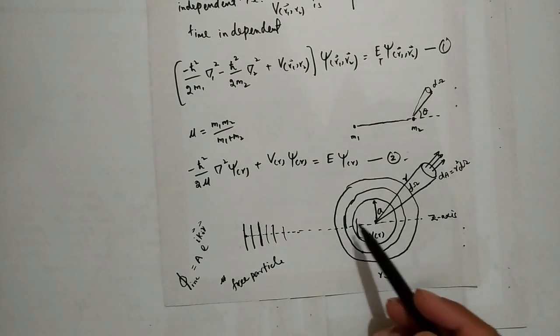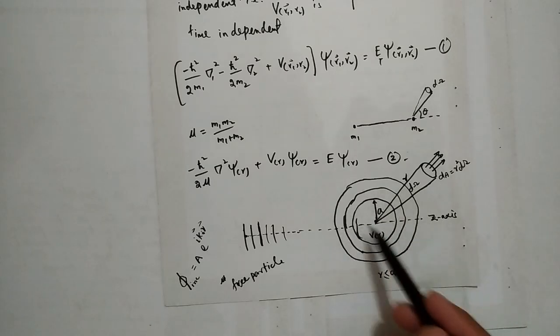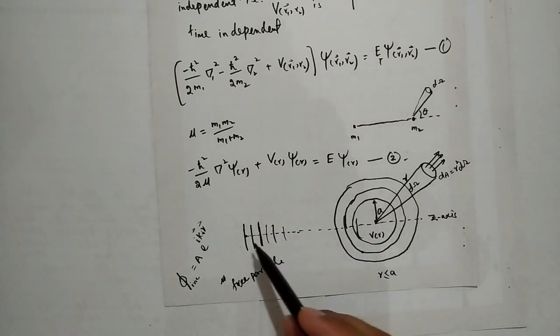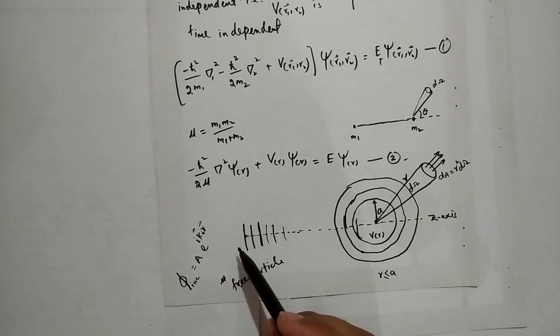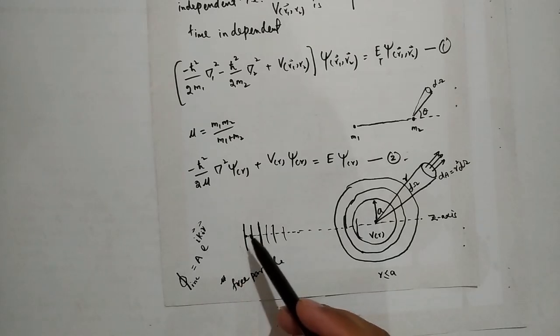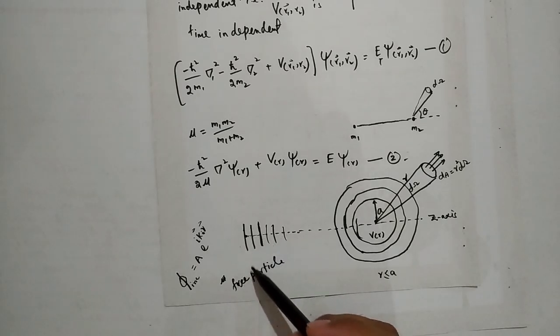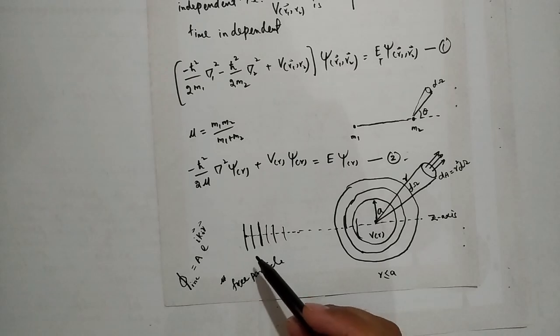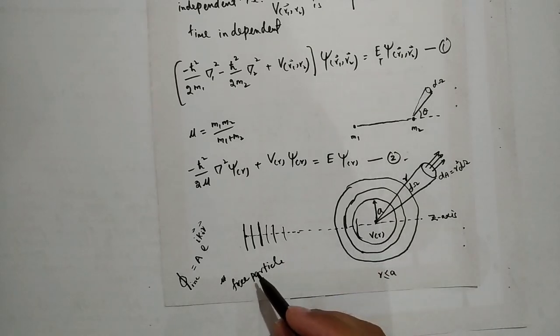So out of this potential region, the particles of the incident beam are like free particles, and they are traveling along the z-axis, and they behave as free particles.